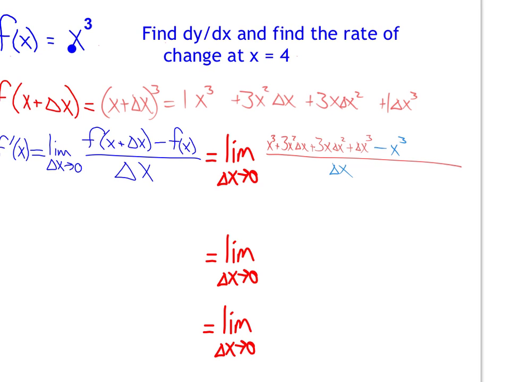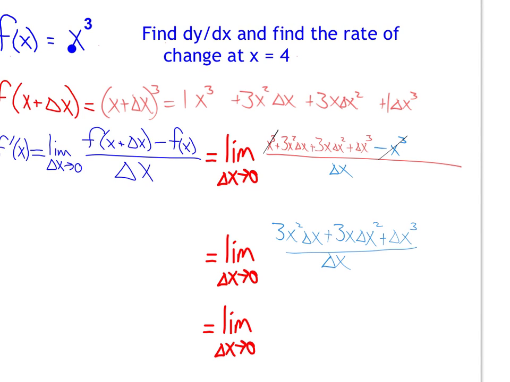So what happens here? You can cancel out the x cubes because you subtract. All right, and that's all over delta x. So now what?